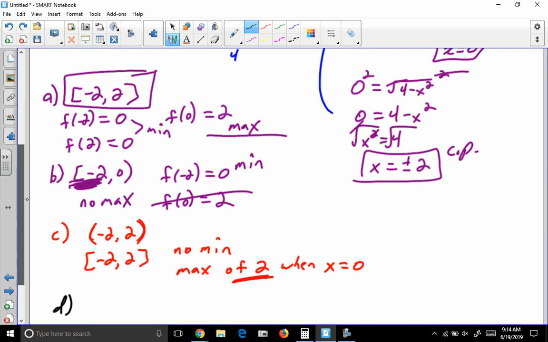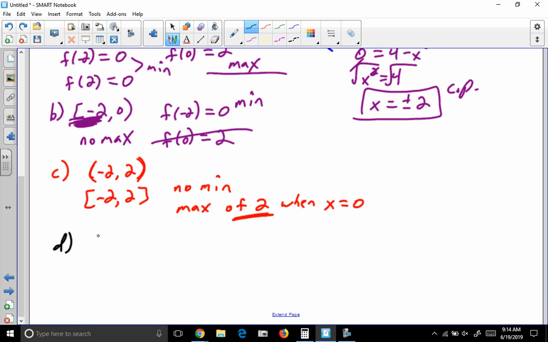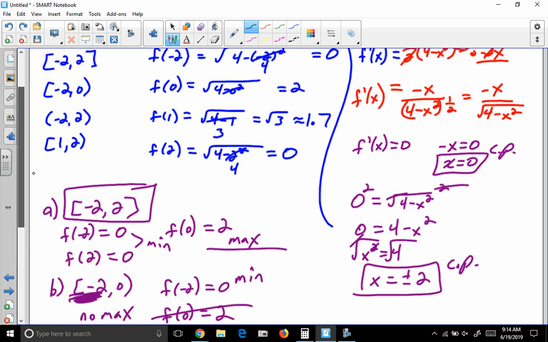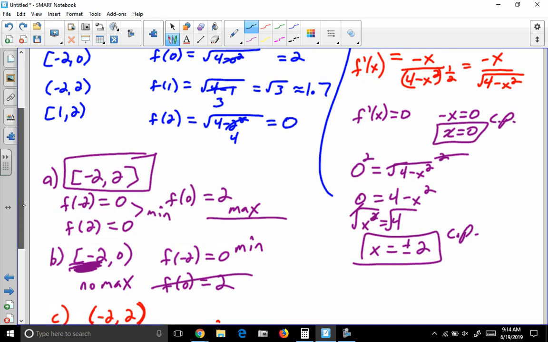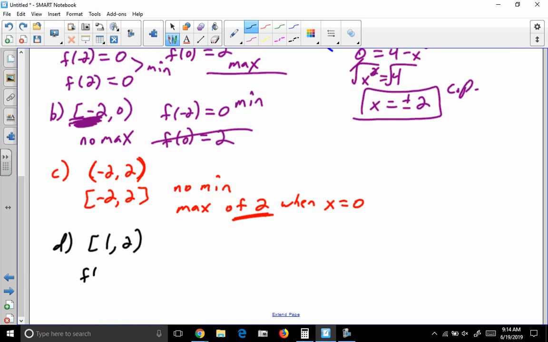And then D says to include 1, don't include 2. So at 1, that's where we had a square root of 3. Let's think about this.